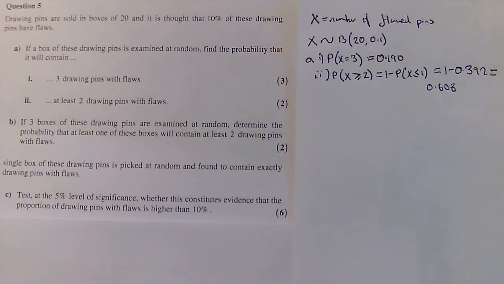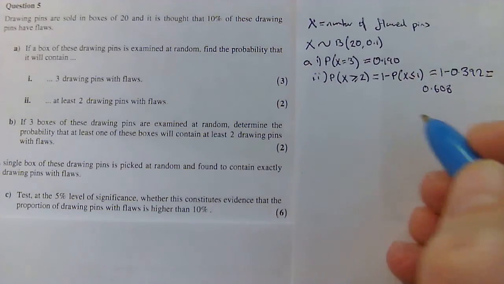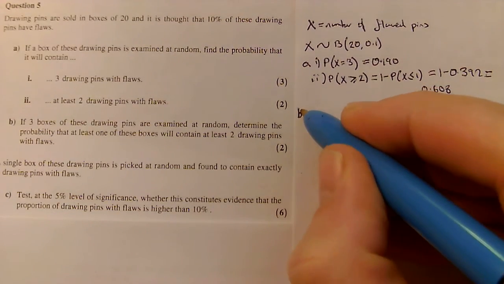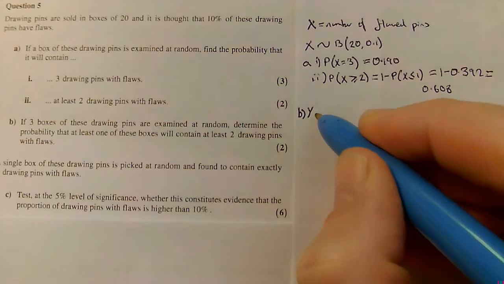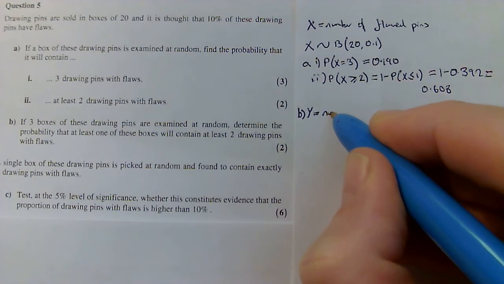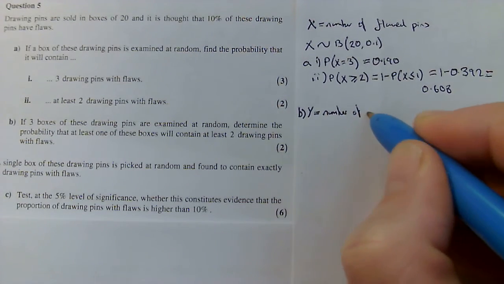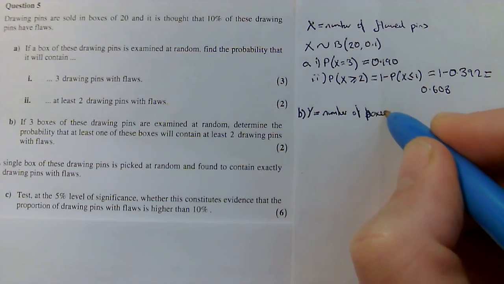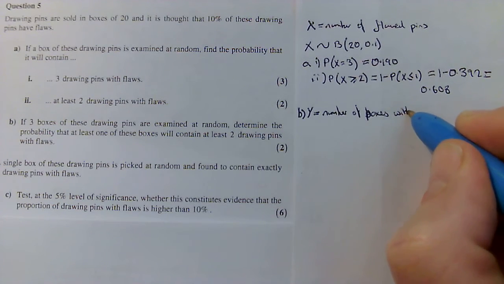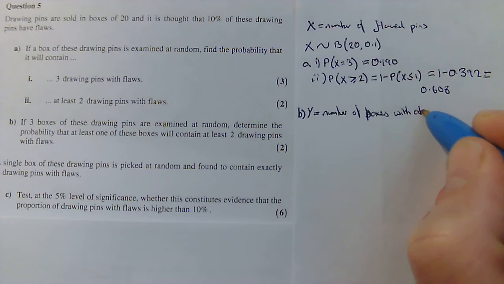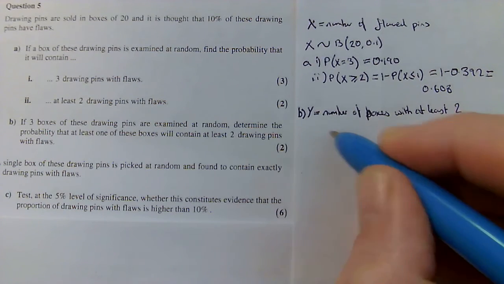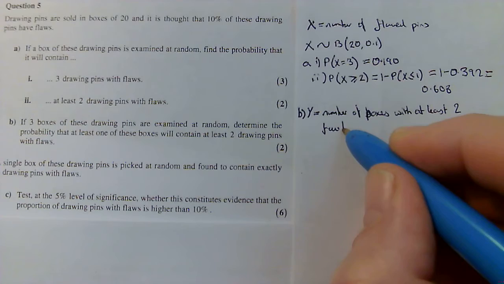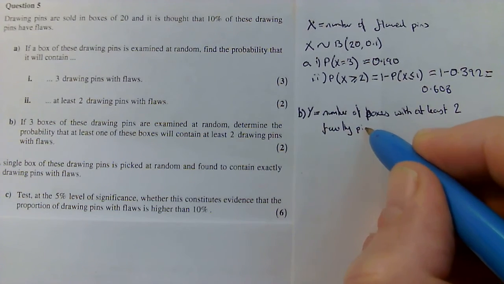Now for part B, we've got a nested binomial distribution, which is increasingly common in the new spec of A-level questions. So here we're going to need to define a new variable. So for part B, we're going to say y equals number of boxes with at least 2 faulty pins.